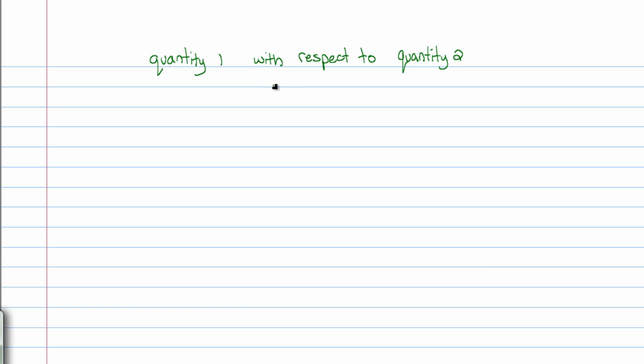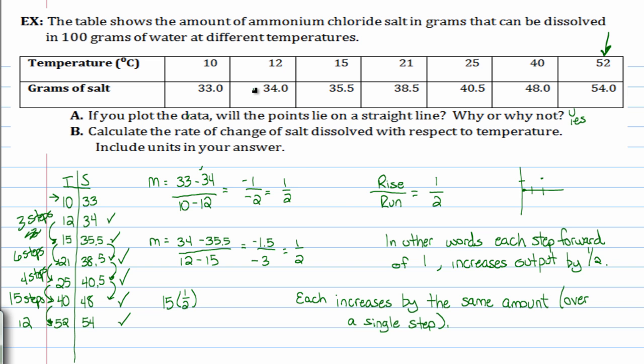But if they say calculate quantity 1 with respect to quantity 2, that means you want to find out what quantity 1 divided by quantity 2 is actually going to be. So in our question, we were asked to calculate the rate of change of salt dissolved with respect to temperature.